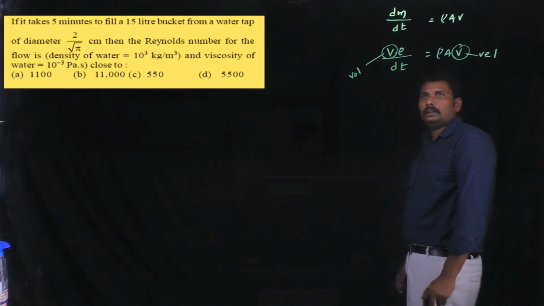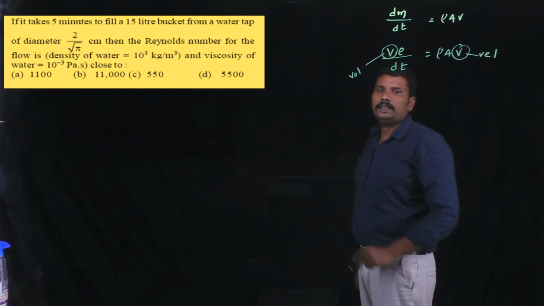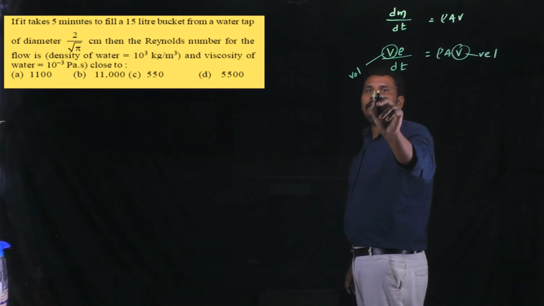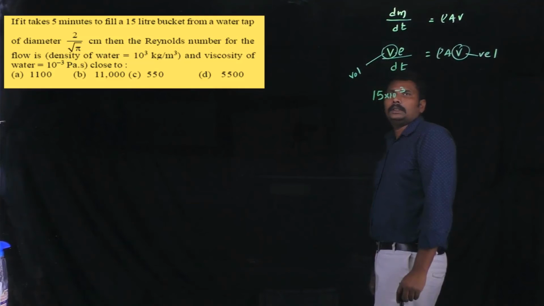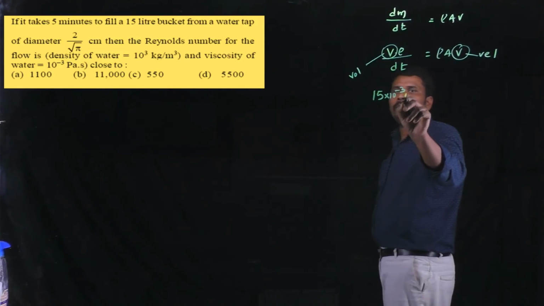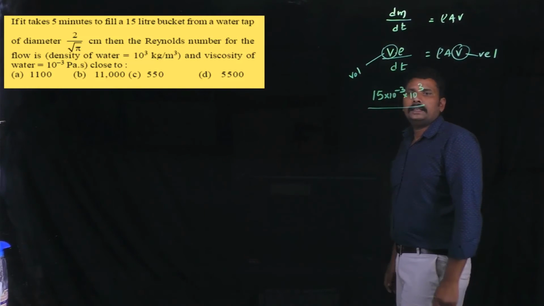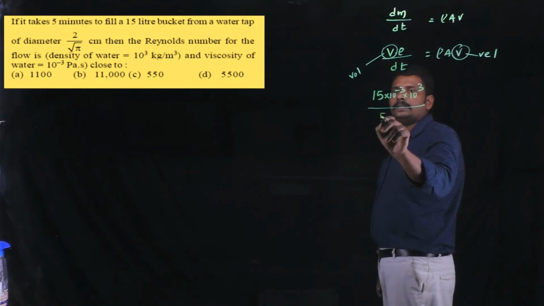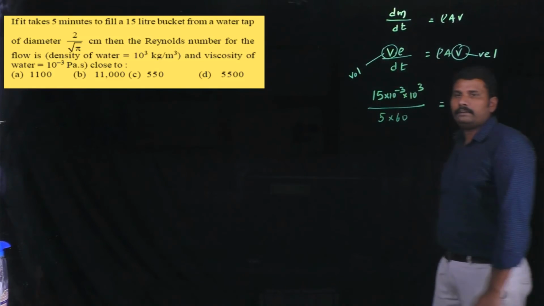Now, the volume of the liquid is 15 liters, it is 15 into 10 power minus 3 meter cube, into rho. Density of water is 10 cube. It takes 5 minutes, it means 5 into 60 seconds, is equals to rho AV.